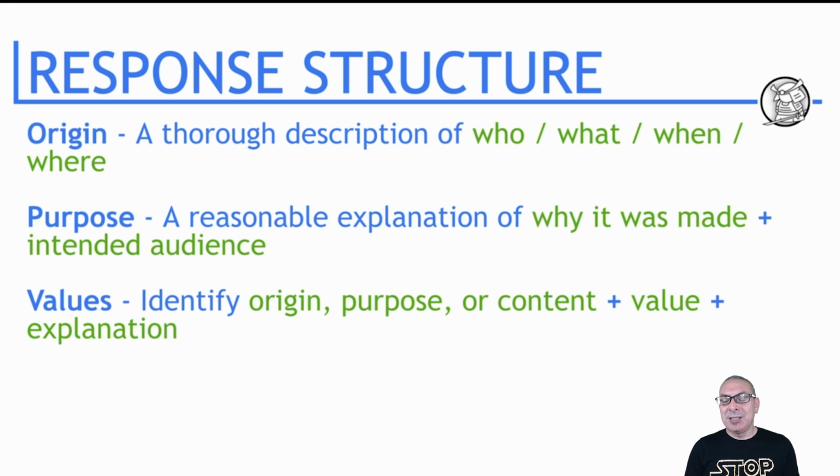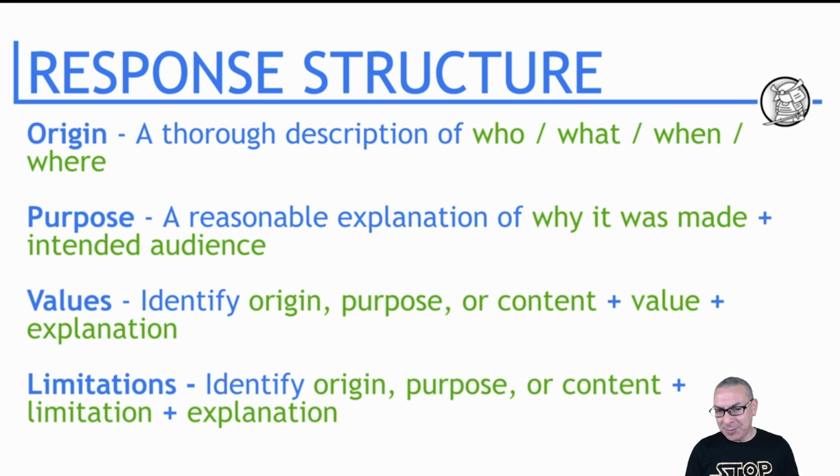The values, you have to identify the origin, purpose, and content and say one of them is a value and give the explanation of why it's a value. We'll tell you how to write this in a minute. For limitations, the same thing. Identify an origin, purpose, or content and the limitation of it and an explanation of why.